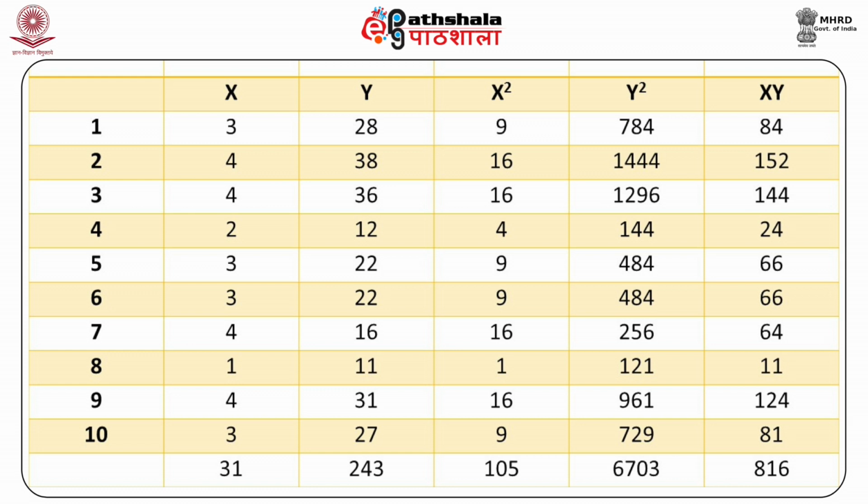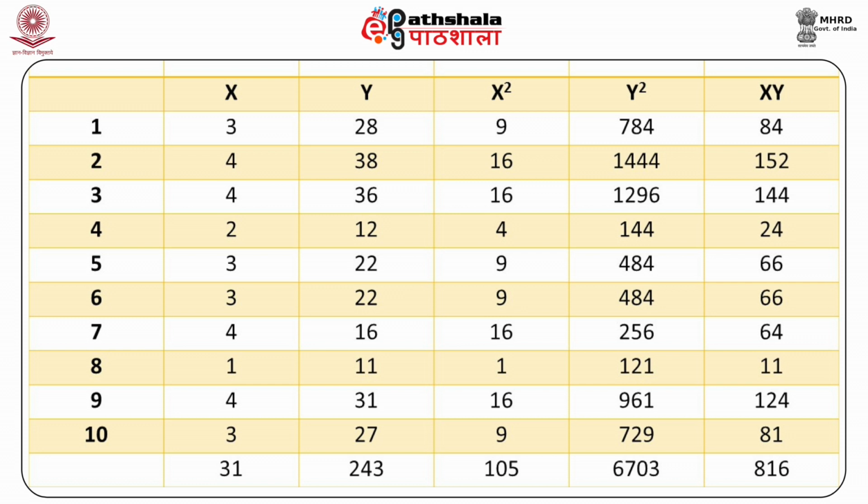The total scores y for the 10 subjects are 28, 38, 36, 12, 22, 22, 16, 11, 31 and 27. By summing all the x values, summation x is 31, and by summing all the y values, summation y is 243.